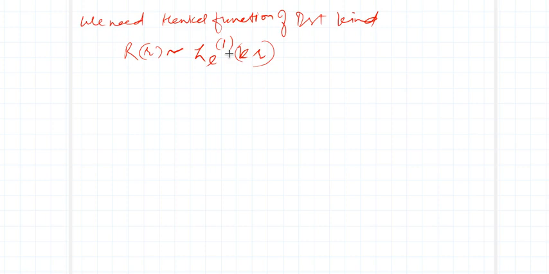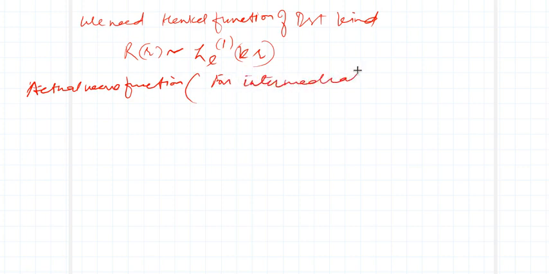So now we define the wave function. What is the actual wave function? For which region? The intermediate region, meaning a region which is just outside the scattering region. So how do we define this wave function?